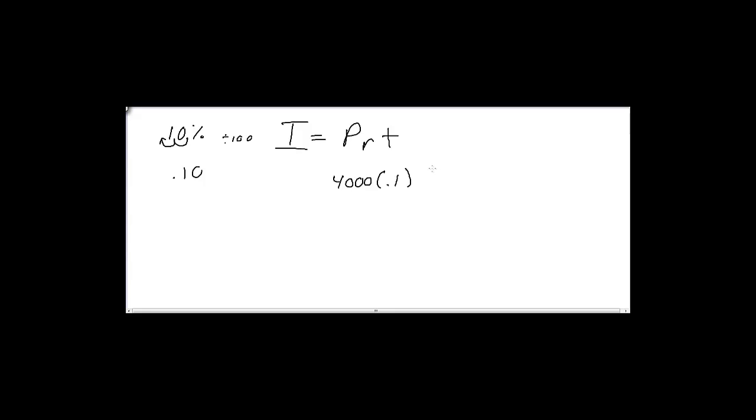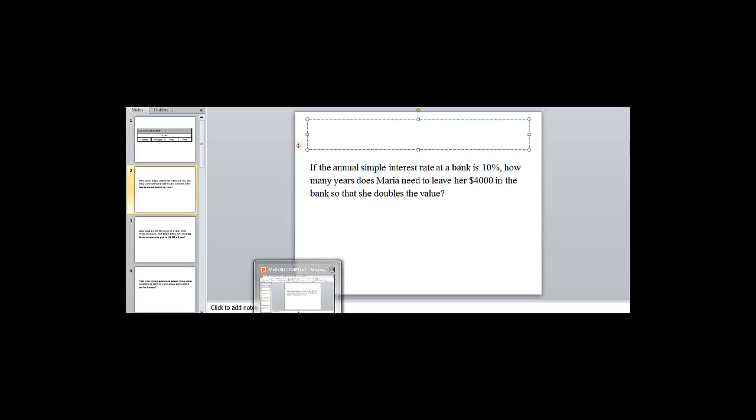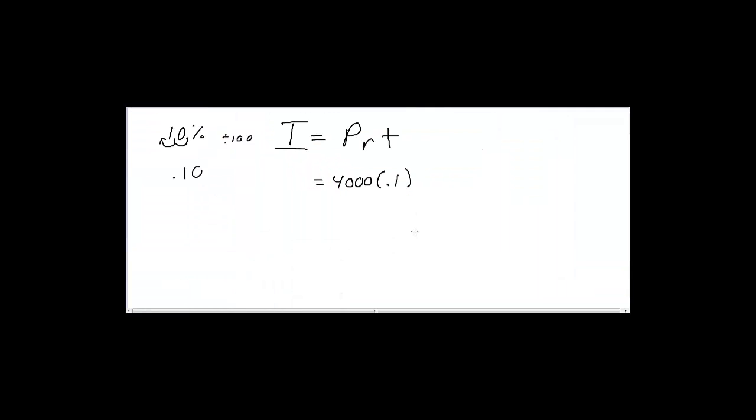Time is what we're trying to figure out. How long will it take? Now it says till her investment doubles. So in other words, she wants to have $8,000. Now we can only calculate interest, so we have to consider how much interest does it take, or do we add on to 4,000 so that we double the value?